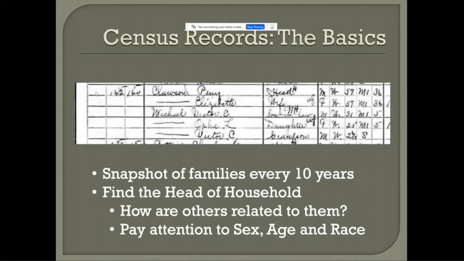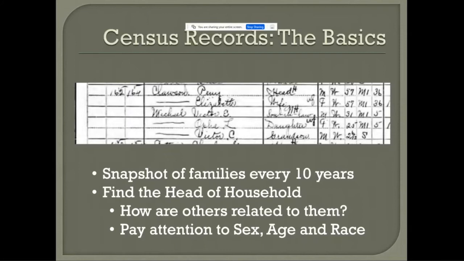So what you want to do is find the head of household, and you can see these numbers here. This shows the number of the household and the actual location. Some houses had 2 households in them at some point. And then you're going to find this word head, and everybody else is listed in relationship to the head of household.